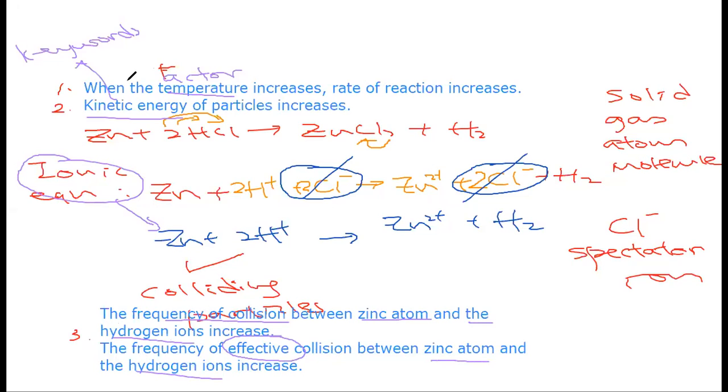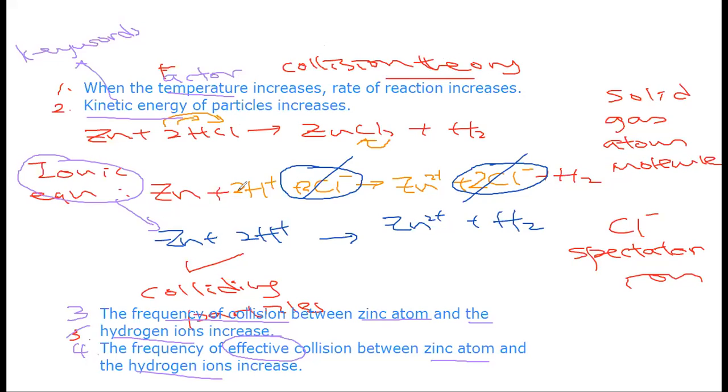Now, number 1, 2, 3. This should be the 3, and this should be the 4. These 4 sentences are what we say is explaining based on the collision theory. In your textbook, you will see this phrase: explain based on collision theory.